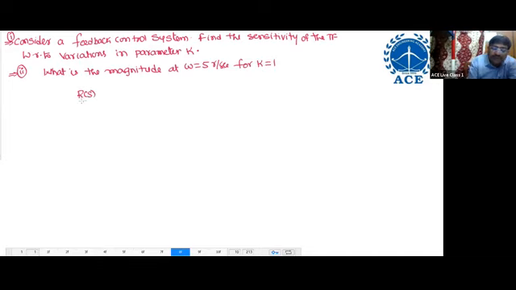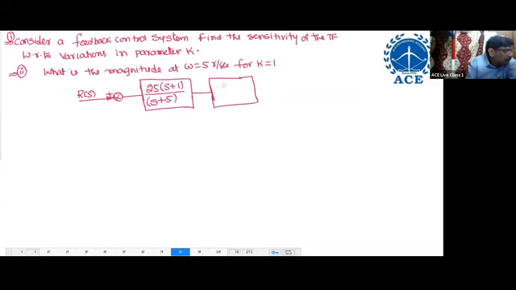R(s), 25 into (s plus 1) by (s plus 1), k by s plus 1.